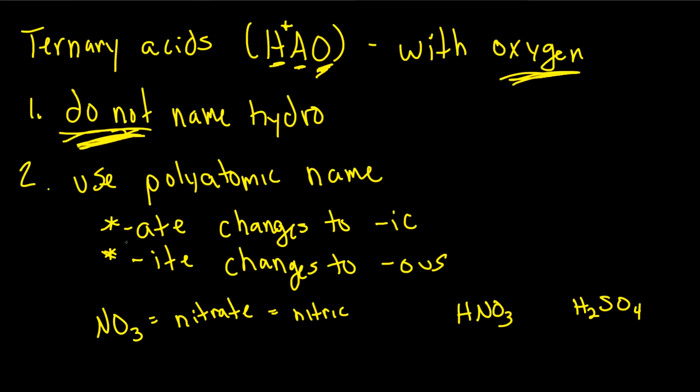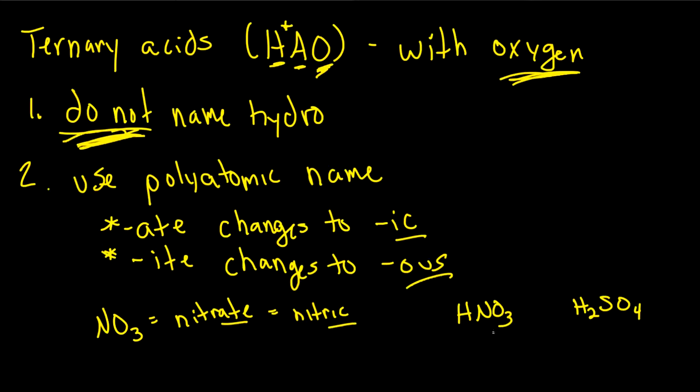If your polyatomic ion has an ATE ending, you want to change it to IC. If your polyatomic ion has an ITE ending, you want to change it to OUS. So for example, NO3 is nitrate. I change nitrate to nitric.